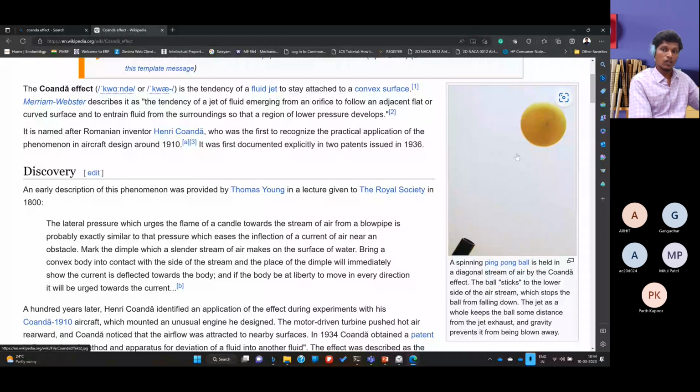But we know from the Coanda effect, the flow happening over this ball will stay with it. At the same time, if the ball is also spinning, with spinning ball and incoming flow, and the flow is also attached, are you able to connect with the Magnus effect? Yes, sir. And the spinning ball is also staying at that height.